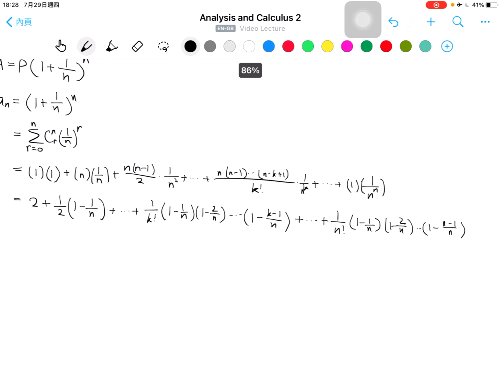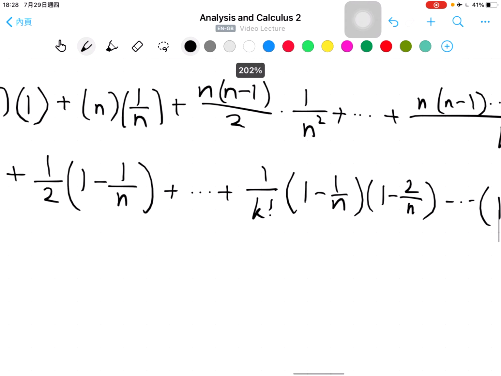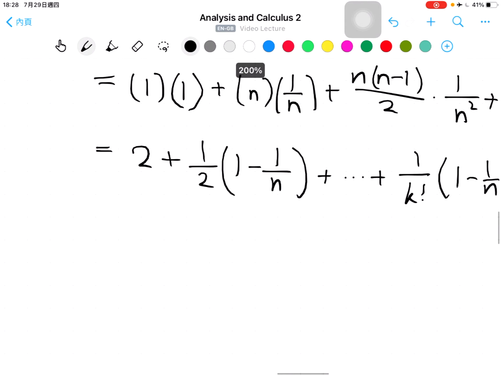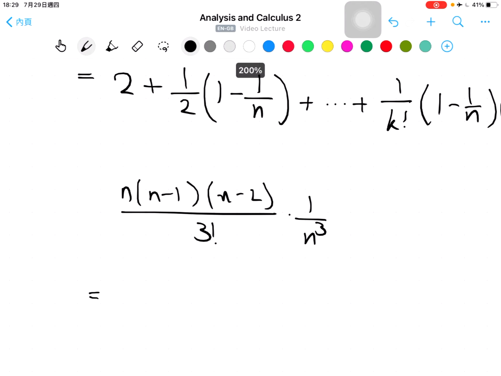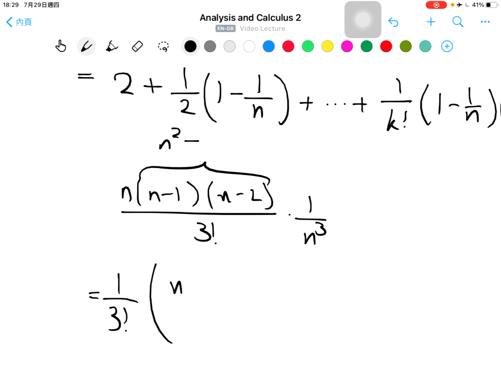This should be good, right? Because if you don't believe me, if I do the third term, it is going to be n times (n minus 1) times (n minus 2) divided by 3 factorial times 1 over n cubed, right? So if I take out this 1 over 3 factorial, I'm going to get n times (n minus 1) times (n minus 2). If I explode this parentheses, it's going to get n squared minus 3n plus 2. Multiply that by n, we get n cubed minus 3n squared plus 2n.